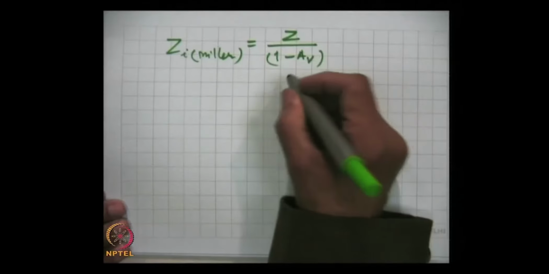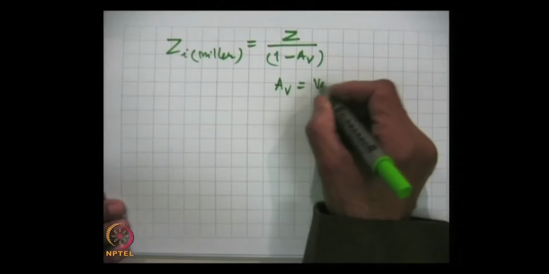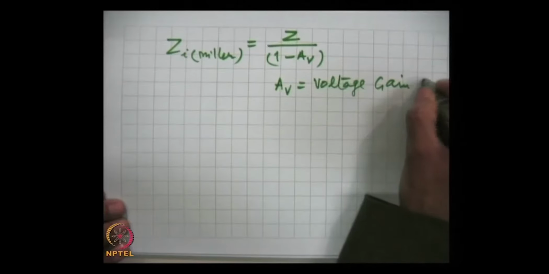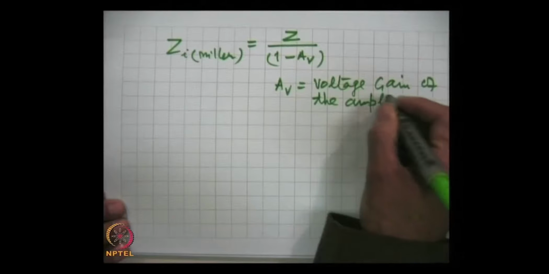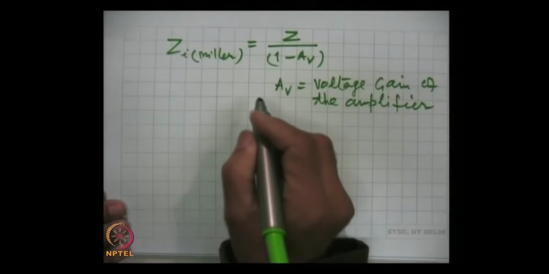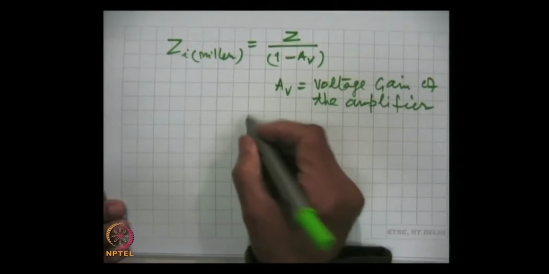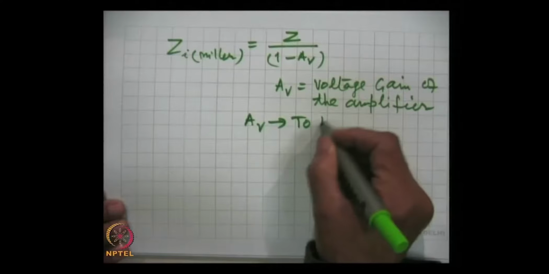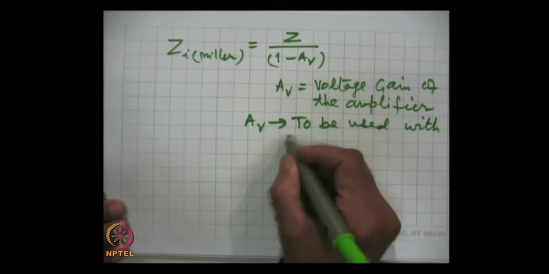Here AV is the voltage gain of the amplifier, and this is very important, this has to be taken with proper sign. AV to be used with proper sign.